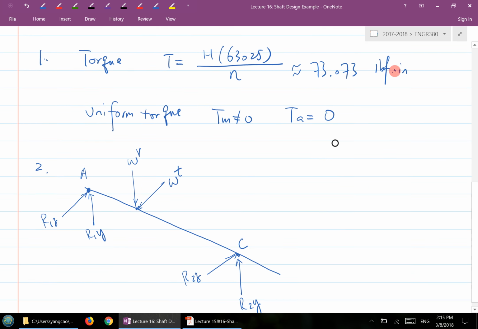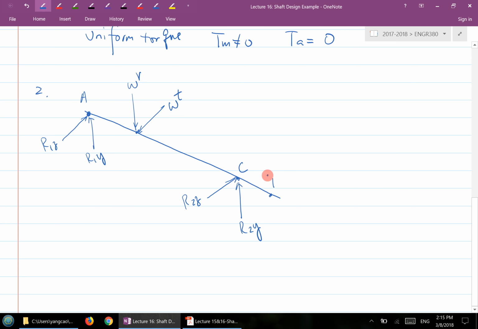So at the end here, which is the D location, there's only one force, so the direction doesn't matter. Just don't worry too much about direction. You can always flip that. But that's the overall free body diagram. You see, this is the end here. So you have all the forces distributed along the shaft free body diagram.